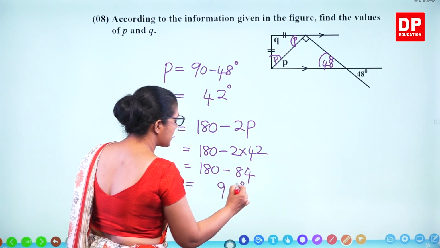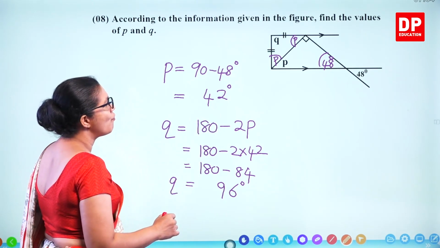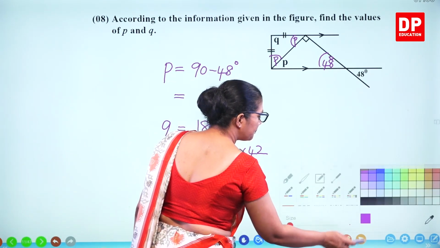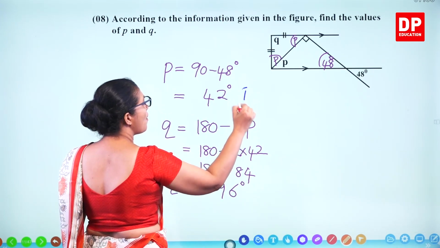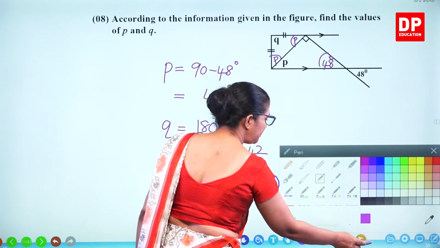So you get 96 degrees for Q and 42 for P. So 1 mark for P and 1 mark for Q angle.